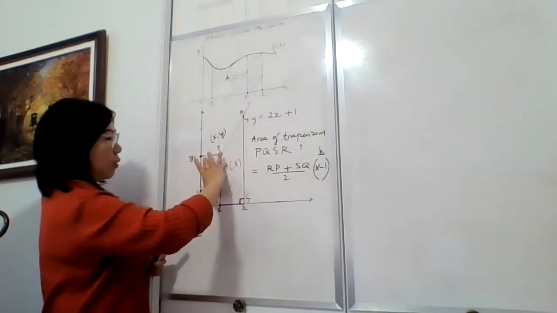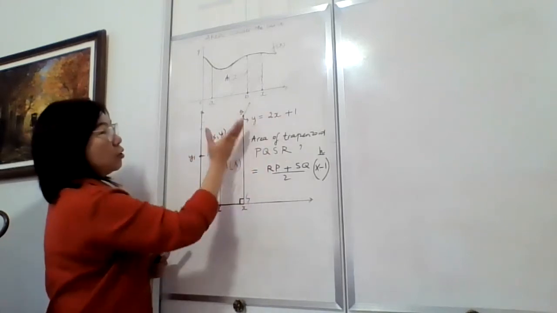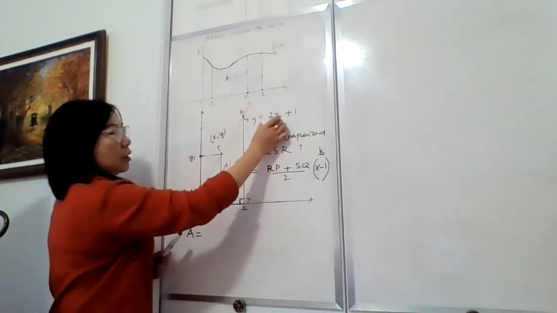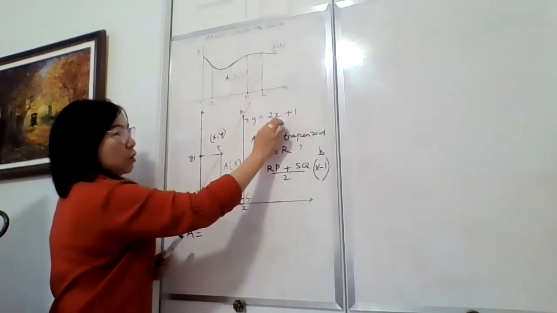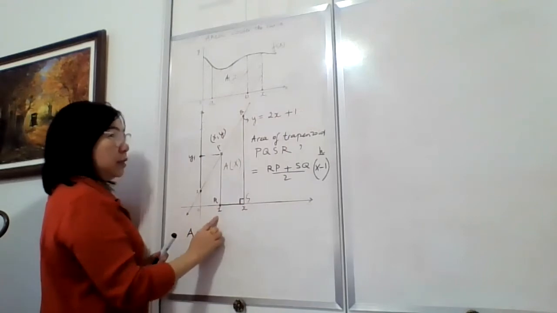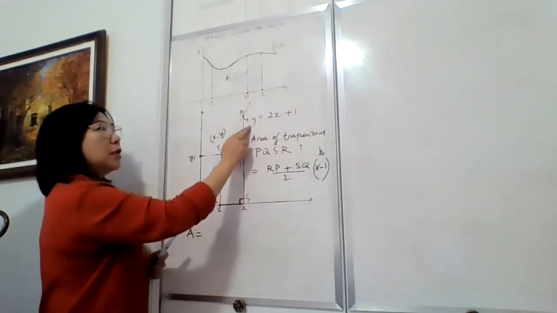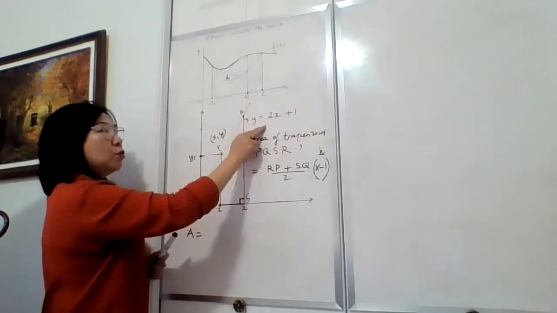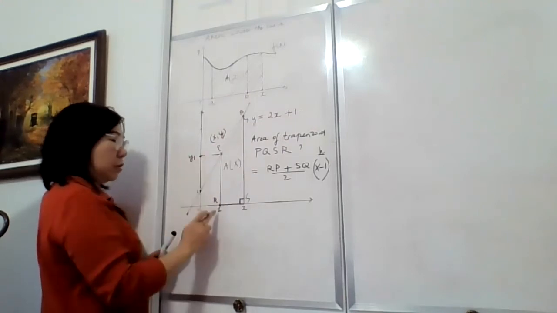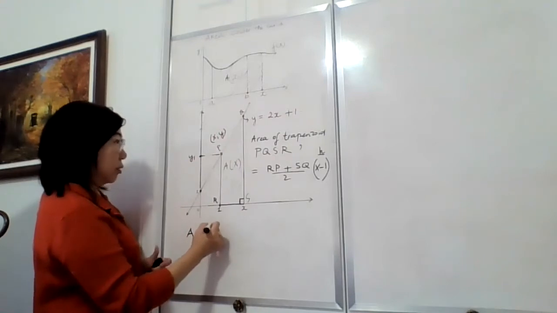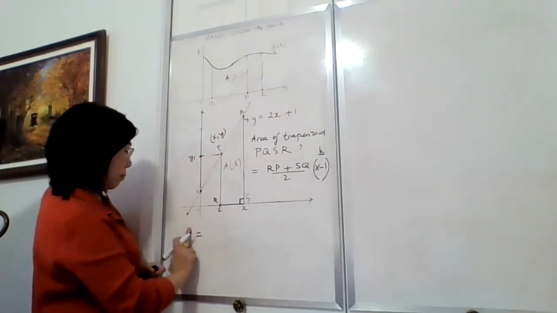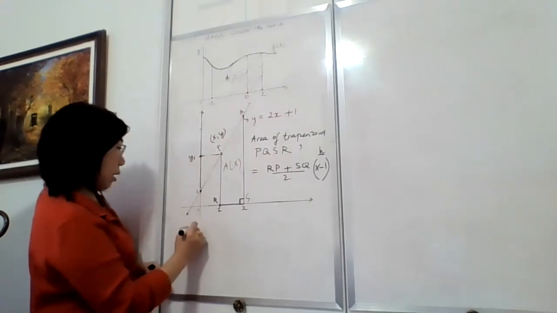And how do we find y1? Because we know this linear function is y equals 2x plus 1. So if we substitute x equals 1 into this function, then we'll be able to find the y coordinate y1. Let's just talk about PR first, or RP.